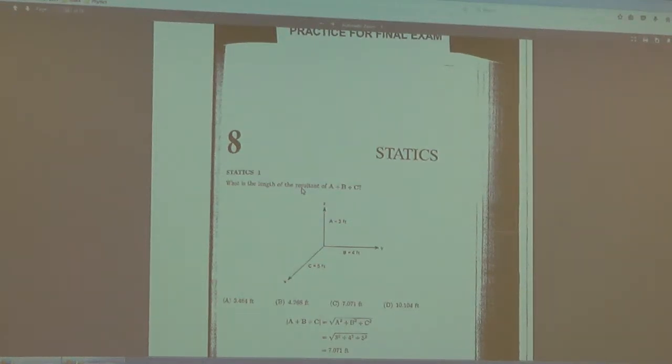I was just wondering, around how many multiple choice questions were there? There are 20 questions, so it's not too much. The final is 20 questions, so that's 5 points per question. I think it's only 20, because I wanted to make sure you had enough time.